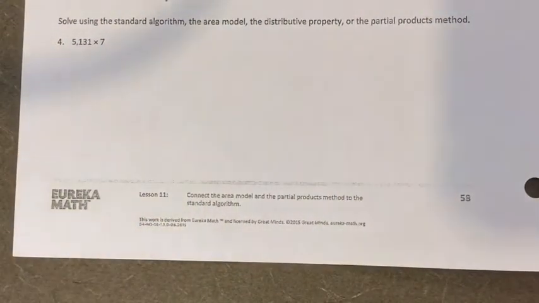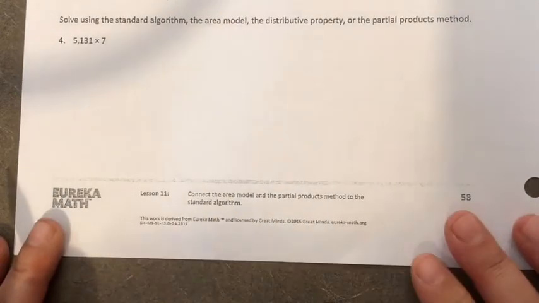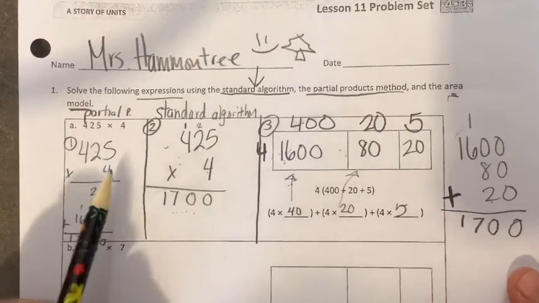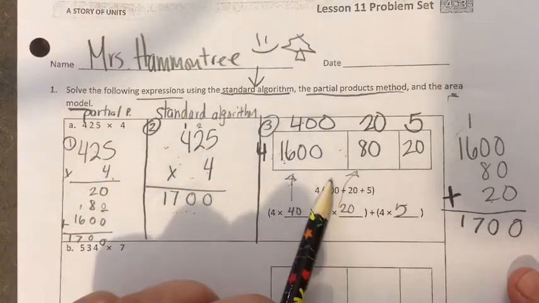All right, so then we have solve using the standard algorithm, the area model, the distributive property, or the partial products method. Okay, so 4th grade, essentially they just want you to use whatever strategy you want. So let's go back. Do you like this strategy, do you like this strategy or do you like this strategy?